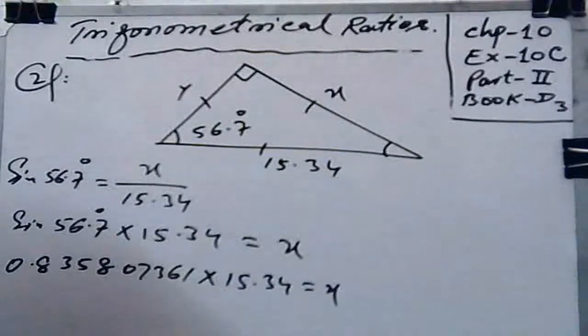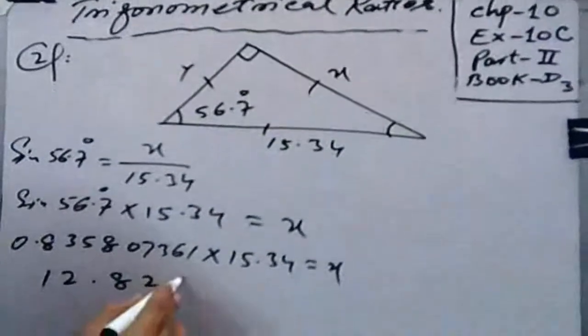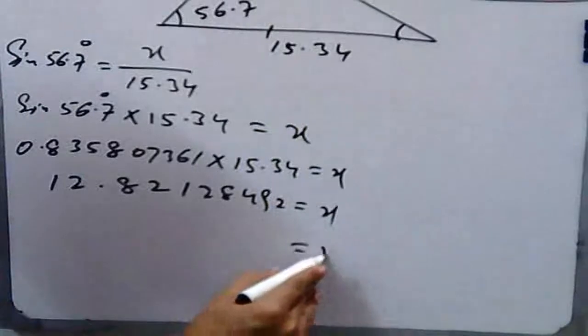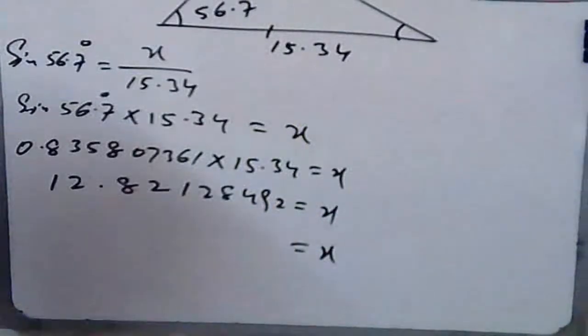So after multiplication, what will you get? Sine 56.7, you will get this after multiplication with 15.34, that is 12.82128492 is equal to x, but we need the value up to 4SF.